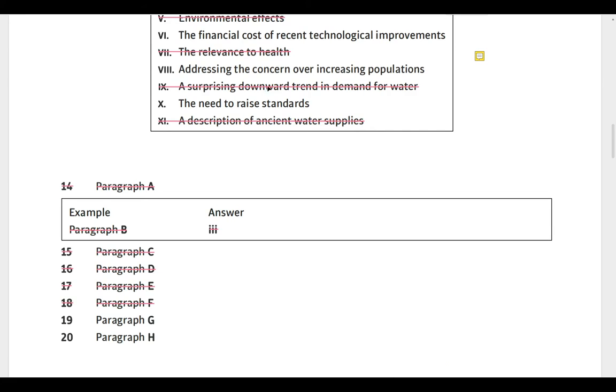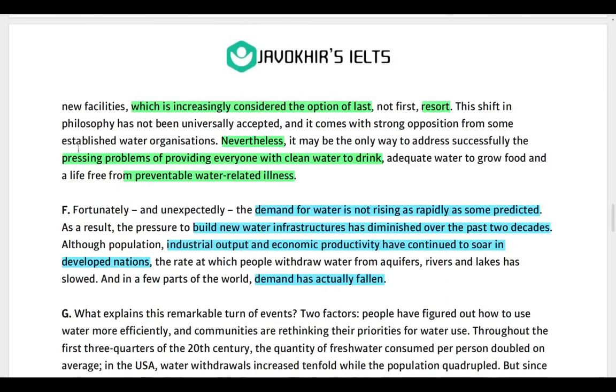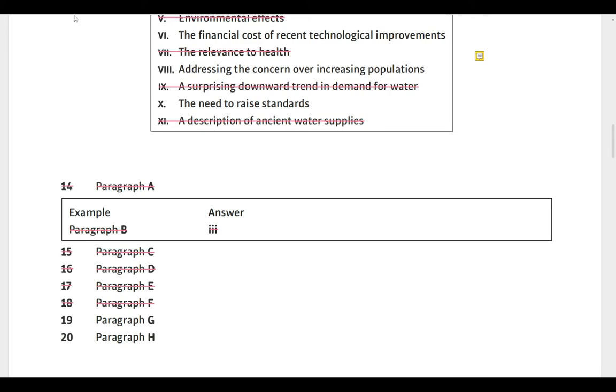This paragraph isn't really giving a reason, but it's giving us the downward trend: demand diminished over the past 2 decades, has actually fallen, and is not rising as rapidly as someone might have thought.